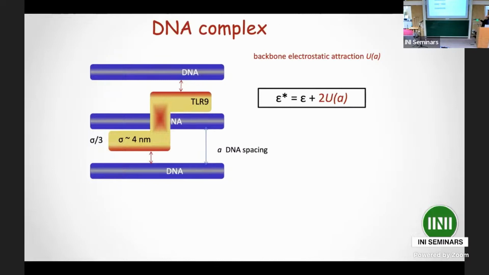Now, what happens if you have not a single DNA, but a lattice of DNA with some lattice spacing? Then the binding happens here, and there is also additional electrostatic interaction between the backbone and the next DNA in the lattice. This additional electrostatic attraction, because it's positive and negative, renormalizes the binding constant.